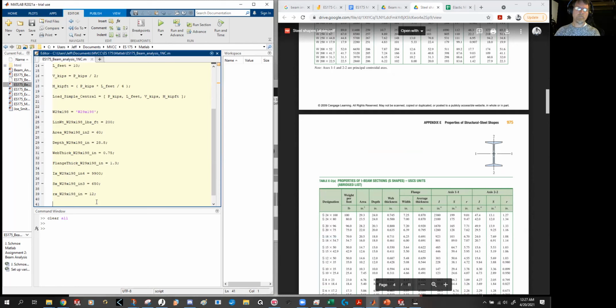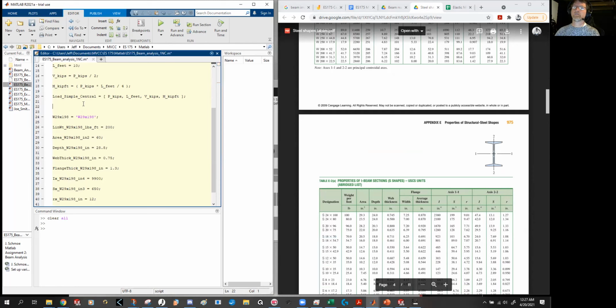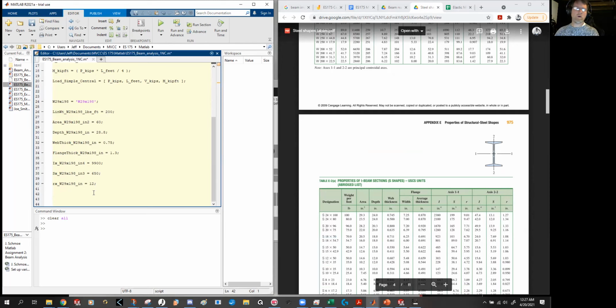Okay, now I'm going to take all of these things from this thing, and I'm going to put them in one big dumb cross-sectional area vector. So I'm going to call it area params, equals, open this up here.